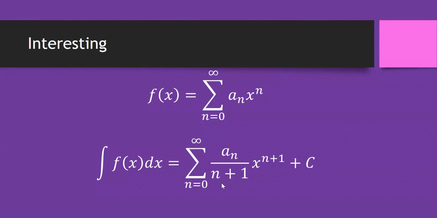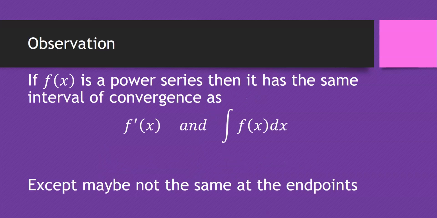But again, dividing by n plus 1 doesn't actually change what's the fastest growth around. The fastest growth around, we already have an exponential or geometric growth. Dividing by n plus 1 doesn't change the fastest growth that's here. So what I'm trying to get at is this observation.